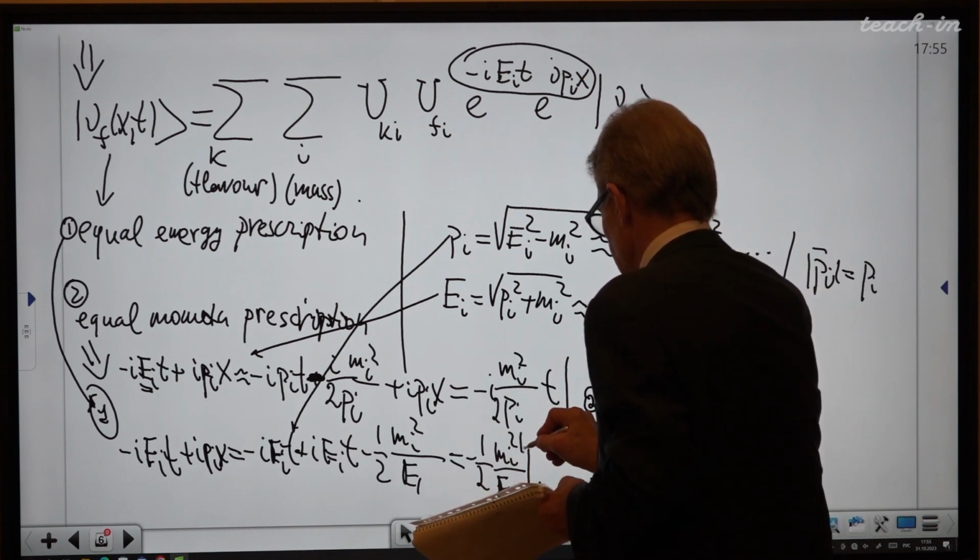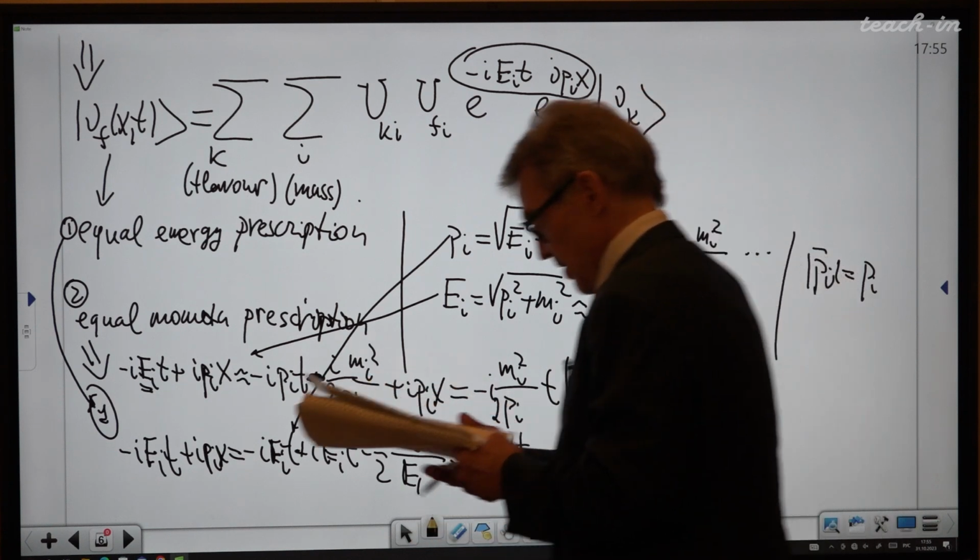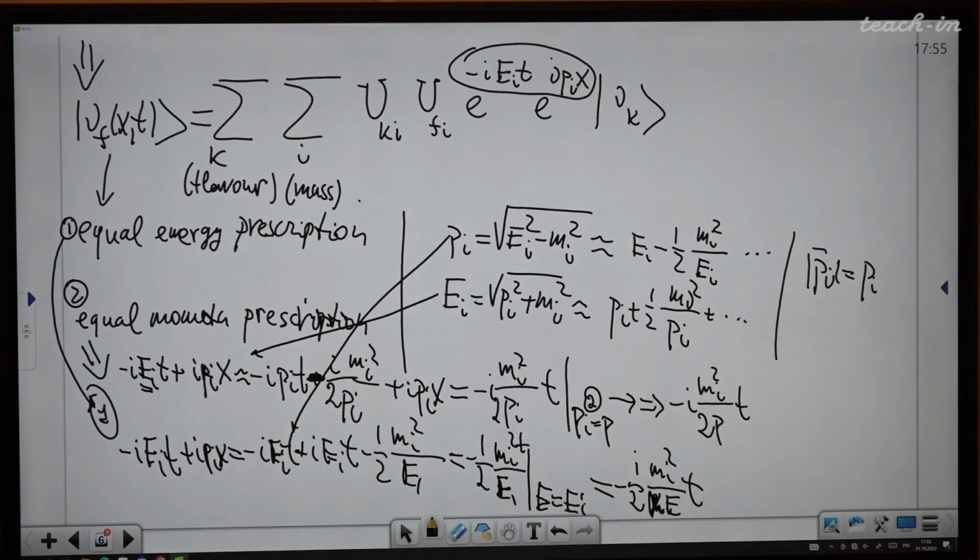This is a very simple exercise in the realization of the two prescriptions, equal energy or equal momentum.